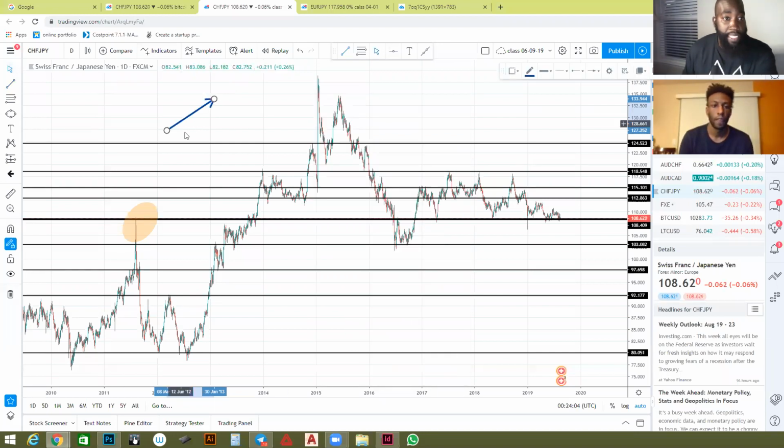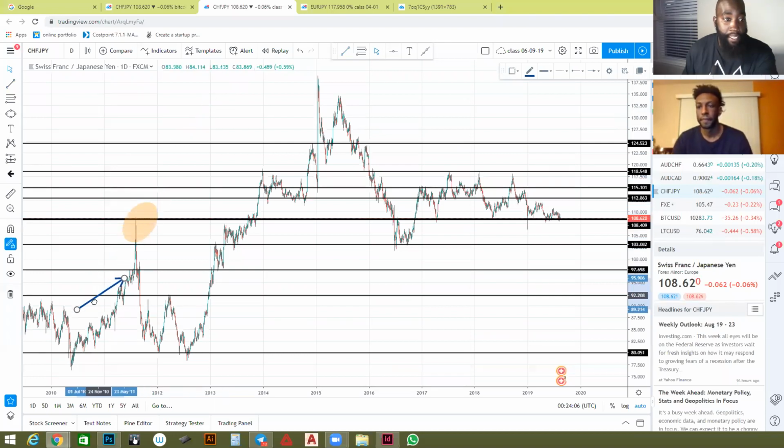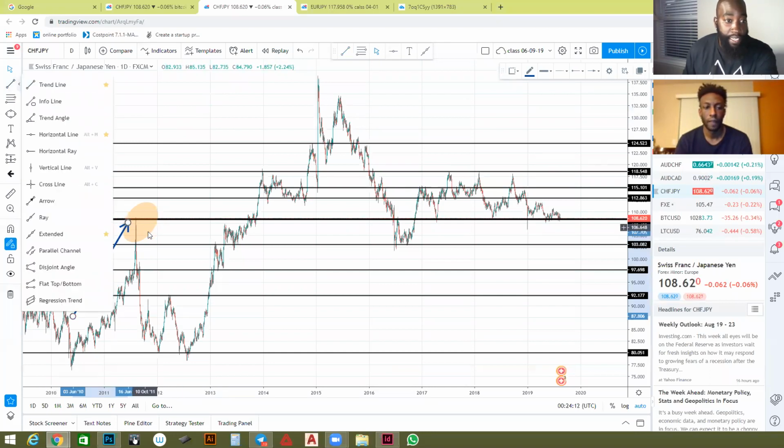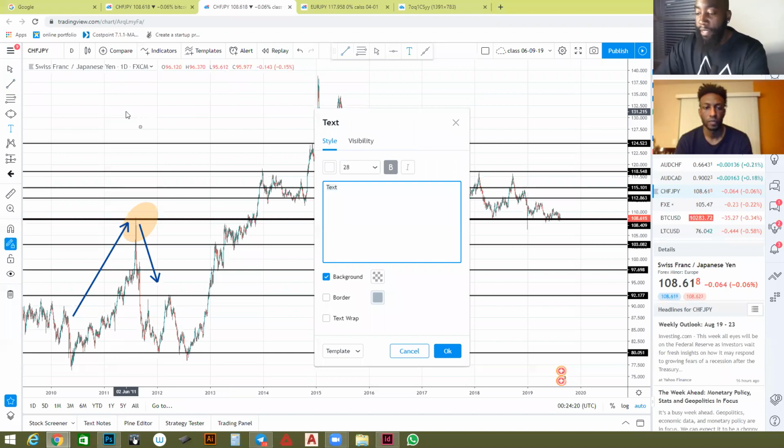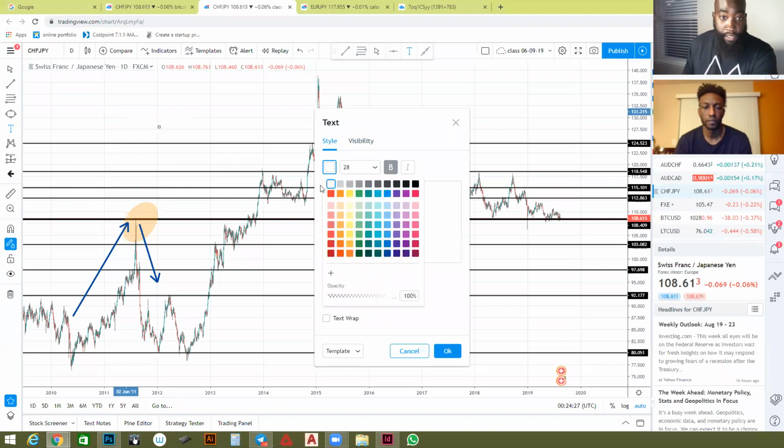So we'll take the same line right here, and you see how price came up to this point and then turned around. It hit the thing we like to call resistance. So this right here would be a nice level of resistance. Hope I spell this right. Don't judge me. Resistance. And I will color this blue, not white.